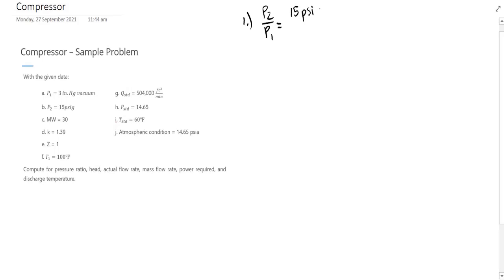So kailangan natin magdagdag ng 14.65 dahil yung atmospheric condition. All over P1 which is 3 inches mercury. So, paano ba tayo mag-convert?